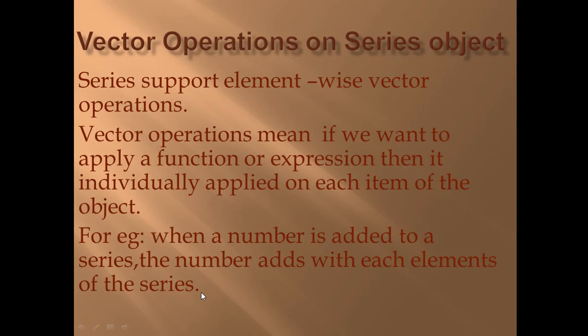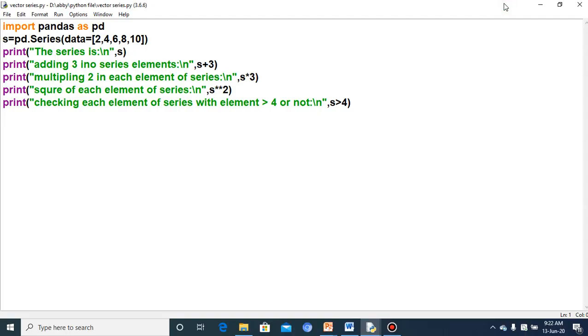Okay, so let us see how it will be done. So here is one script based on vector operations. Import pandas as pd, s equal to pd.Series, data equal to 2, 4, 6, 8, 10. Here only the data is taken as the argument of Series. Index is not provided as an argument.